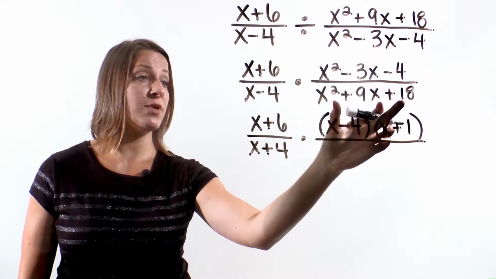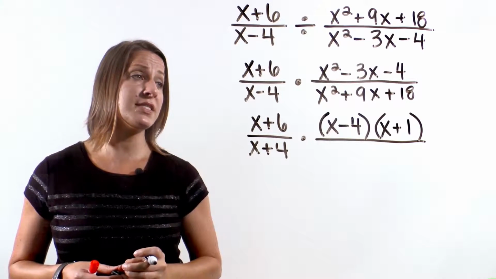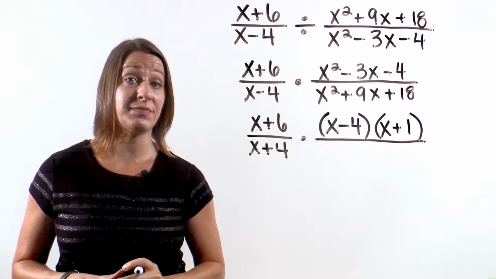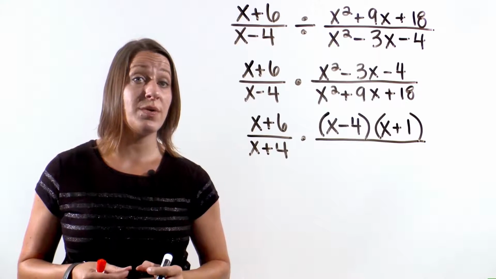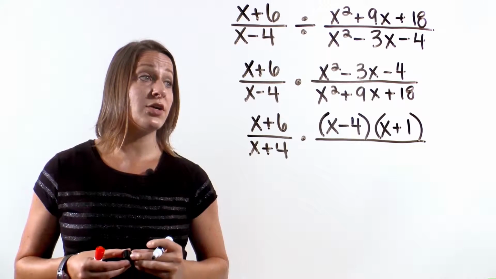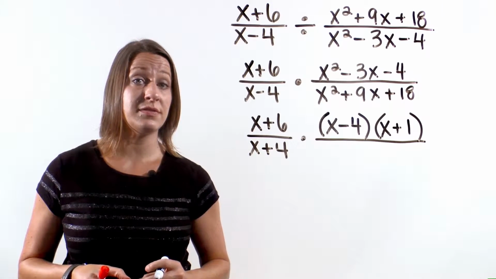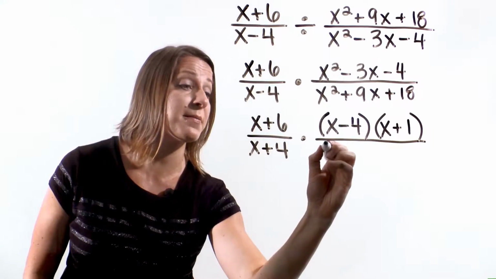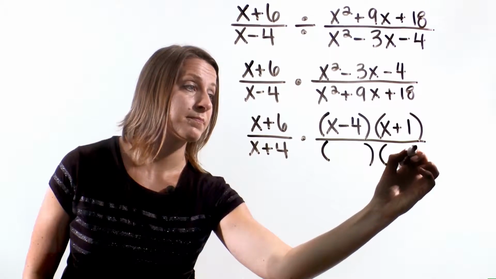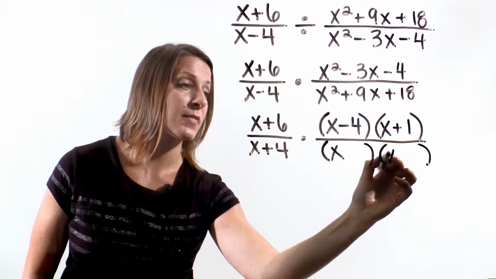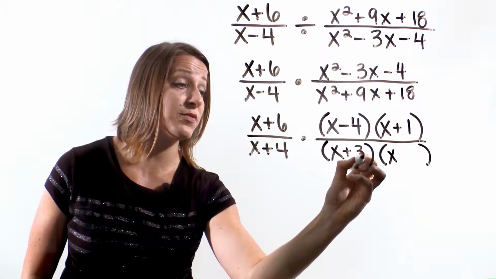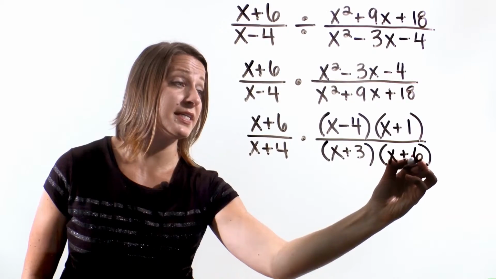Okay, let's look at the denominator. We have x squared plus 9x plus 18. We need two numbers that are going to multiply to 18 and add to positive 9. Those two numbers will be a positive 3 and a positive 6.